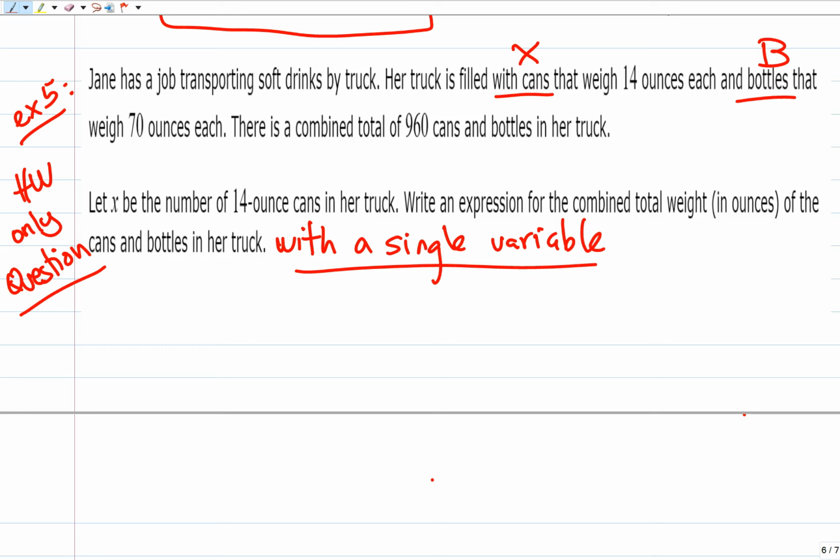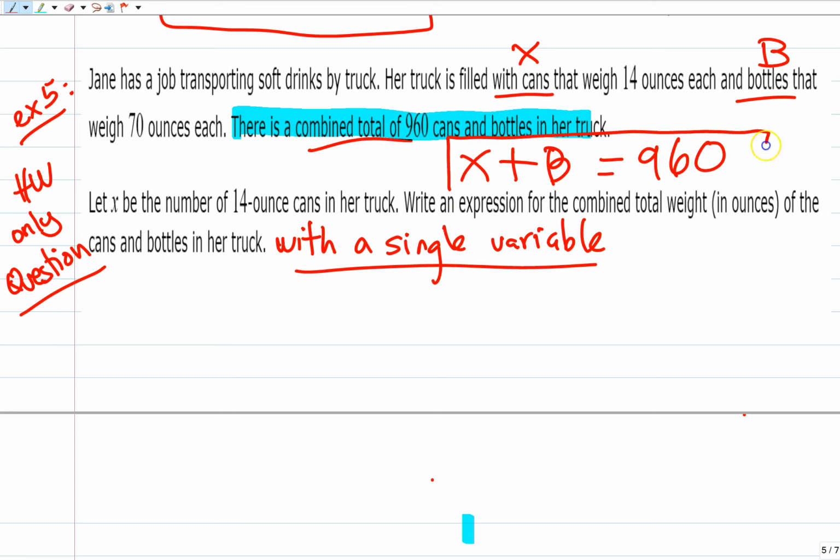It says that there are 960, what does combined mean? So this right here is one equation. Right? What can I do with the X and the B? What does combined mean? If I add the number of cans and I add the number of bottles, it should add up to 960. There's our first equation.